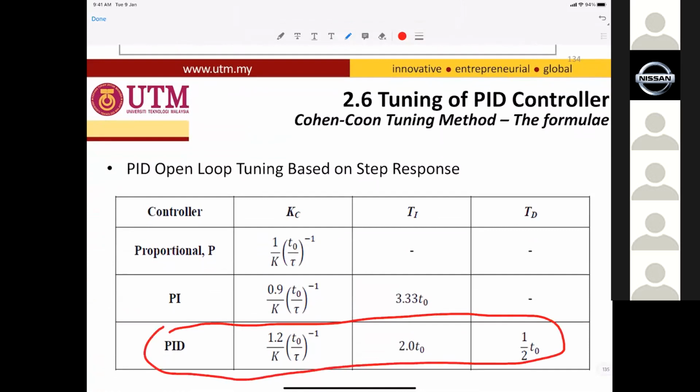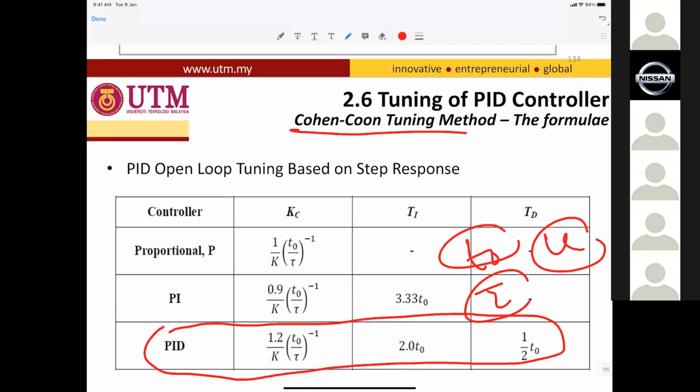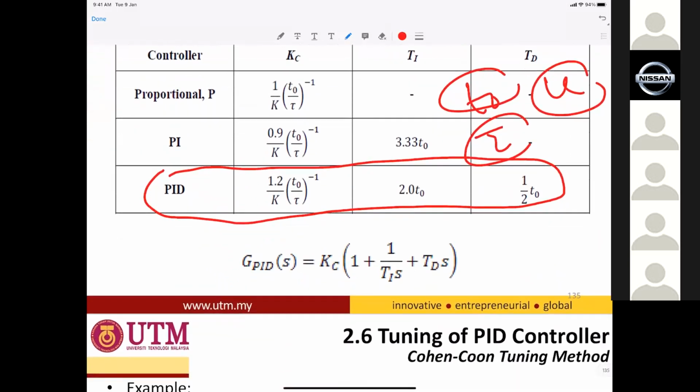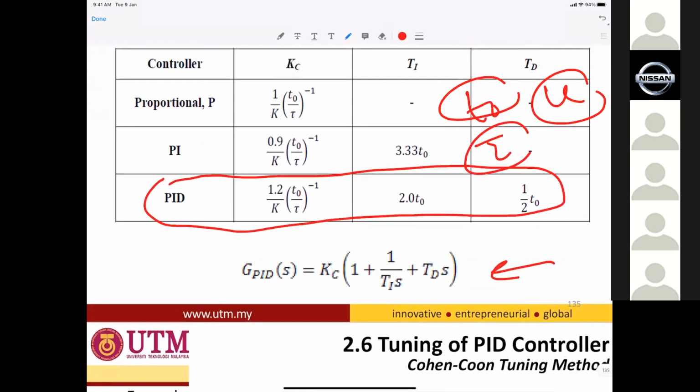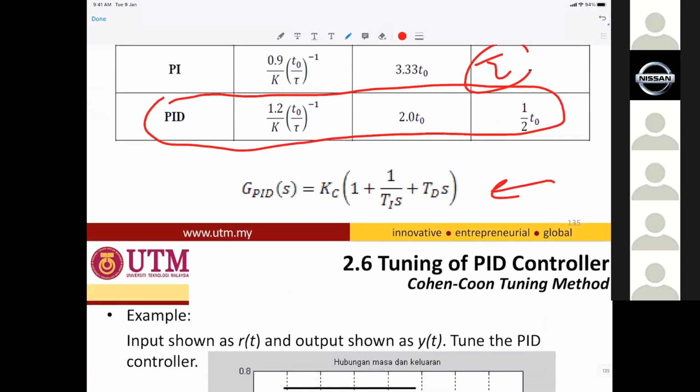So it uses the value of time delay, the gain, and the time constants, T0, tau, and K. See, this is the Cohen PID open loop tuning based on step response using the Cohen tuning method. After that you insert the value here for the KC, for the TI, and for the TD.